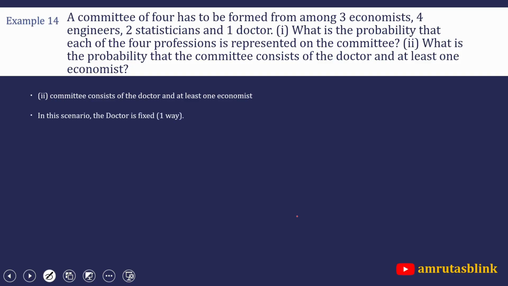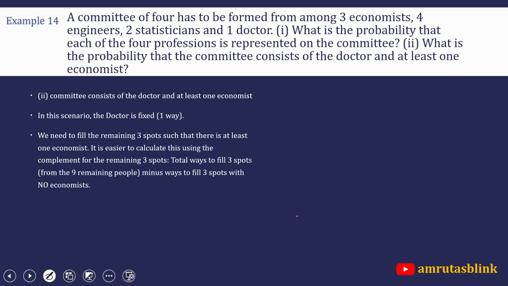Now in this case we need to choose at least 1 economist, but we also need to choose doctor. How many doctors are there? 1. So in this scenario the doctor is always fixed, that is only one way of selecting a doctor. Now we need to fill remaining 3 spots such that there is at least 1 economist always.